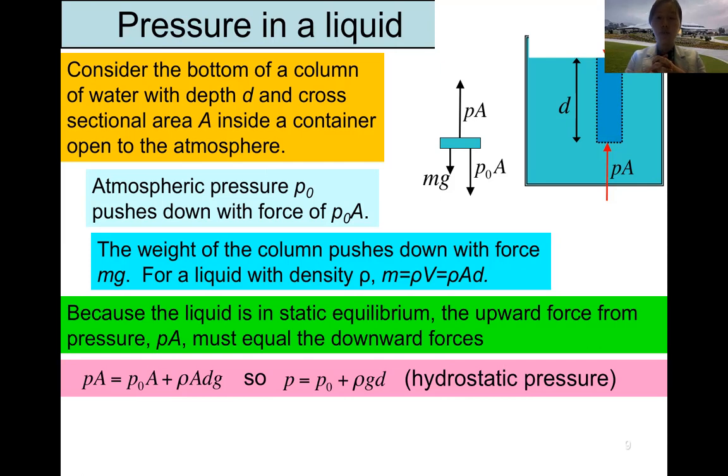Volume is area times depth, A times D times g. So overall, the weight mg is rho A D g. That's the second term over there. So we can cancel the A and we get P is equal to P naught plus rho times g times D. So this is hydrostatic pressure.